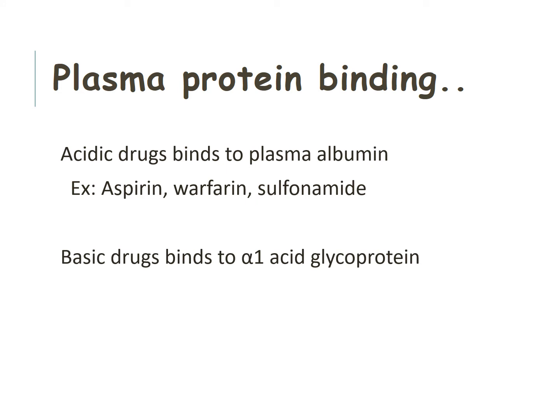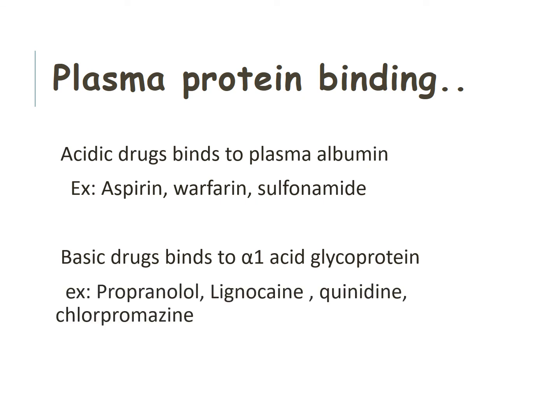The basic drugs bind to alpha 1 acid glycoprotein. So these are the two important plasma proteins in the blood: albumin and alpha 1 acid glycoprotein. Basic drugs like propranolol, lignocaine, quinidine and chlorpromazine all bind to this alpha 1 acid glycoprotein.